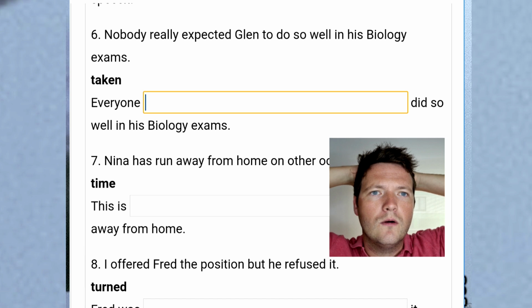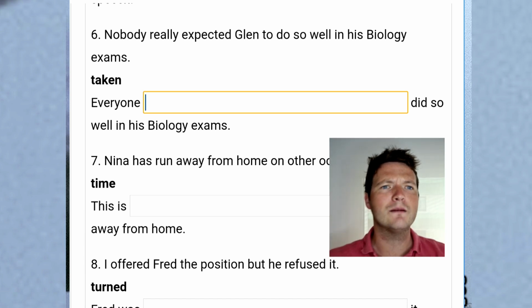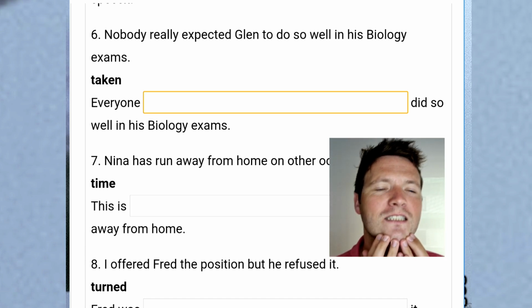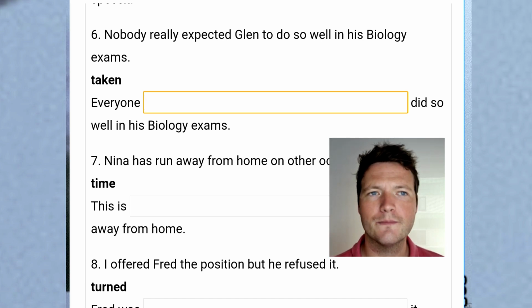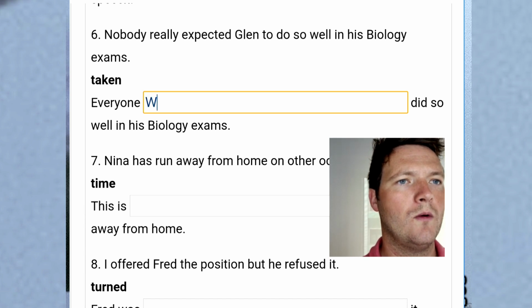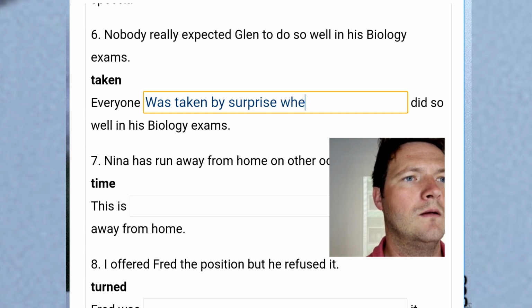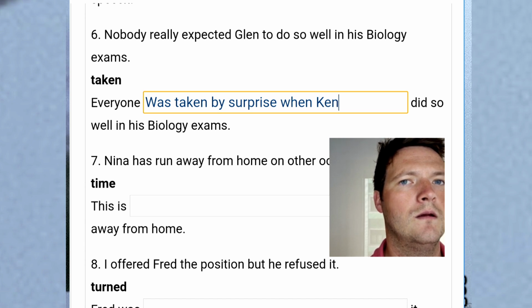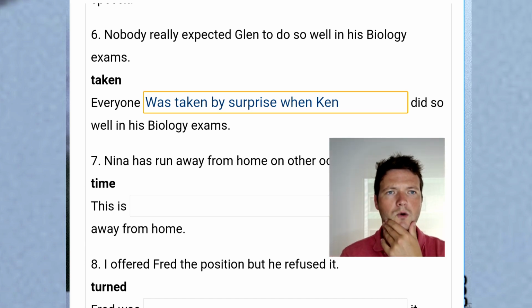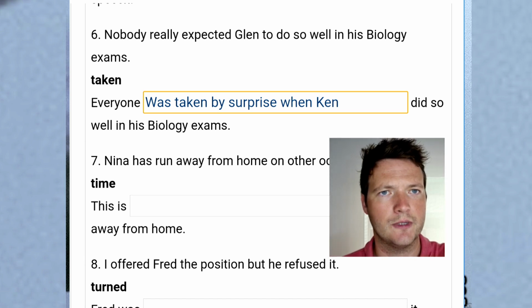But taken aback is more to do with shock, isn't it? I guess they just didn't expect it, so they were surprised. Yeah, I think everyone was taken by surprise when Ken did so well in his biology exams. I don't know. I guess we'll find out. That sounds good to me.